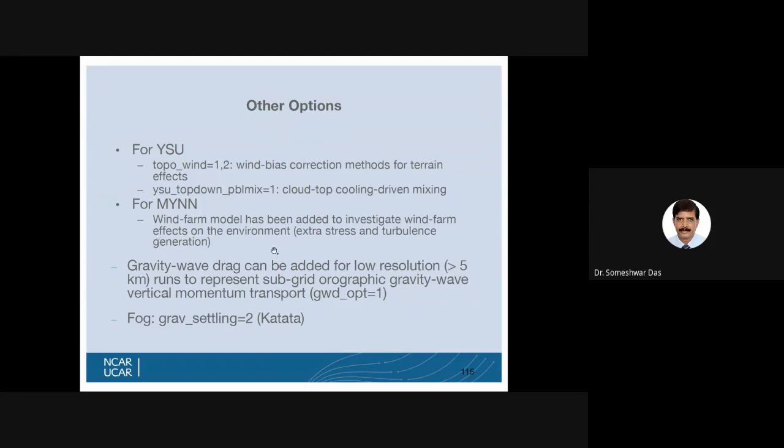So you can use these options. People have investigated many processes and phenomena, and then recommended that if you use these options, you will get better results. This is what it implies.